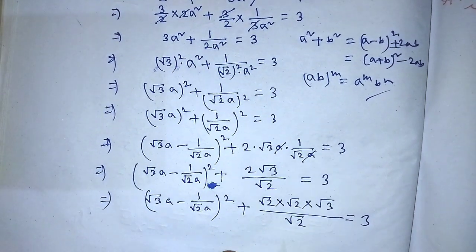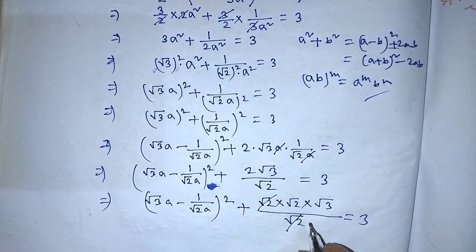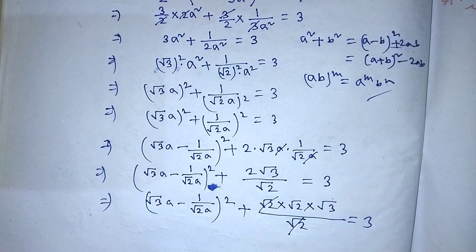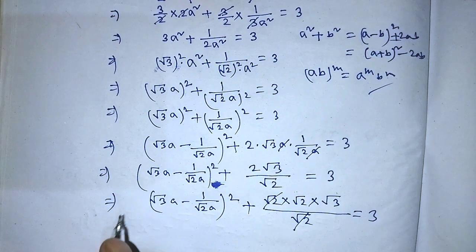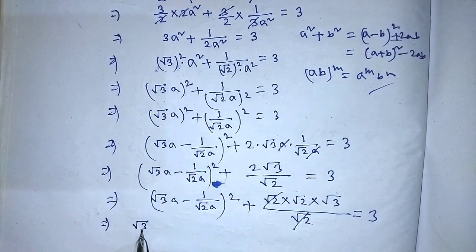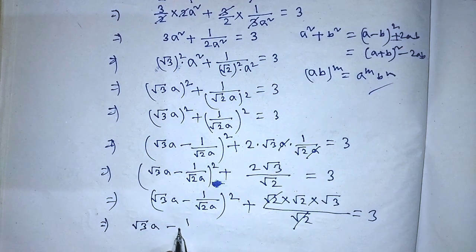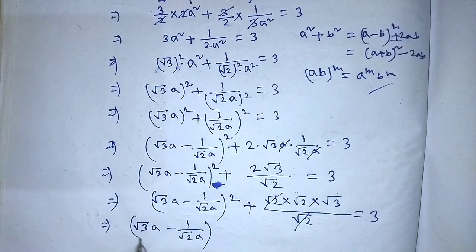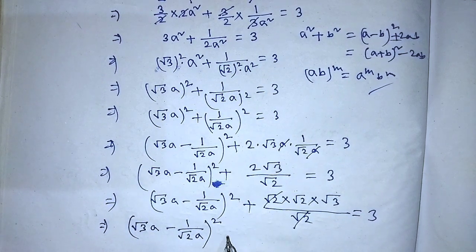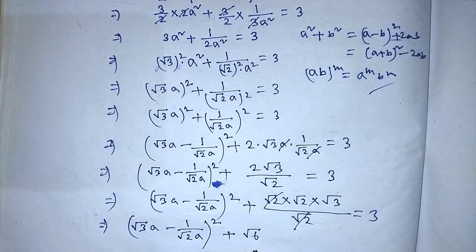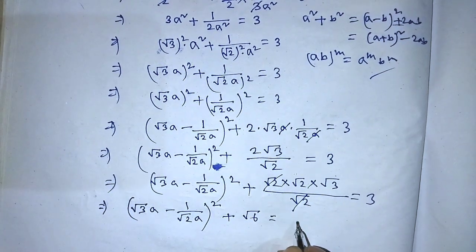Now we can cancel √2 in the second term from numerator and denominator. After that, my dear student, we write (√3a − 1/(√2a))² plus √2 into √3, that is √6, is equal to 3.